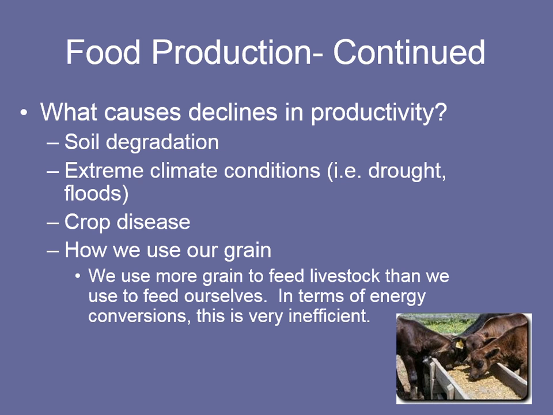How we use our grain. Mexico is extremely upset with us because we're using our corn for biofuels in our cars, which increases those prices for them. And then, of course, there's soil degradation.